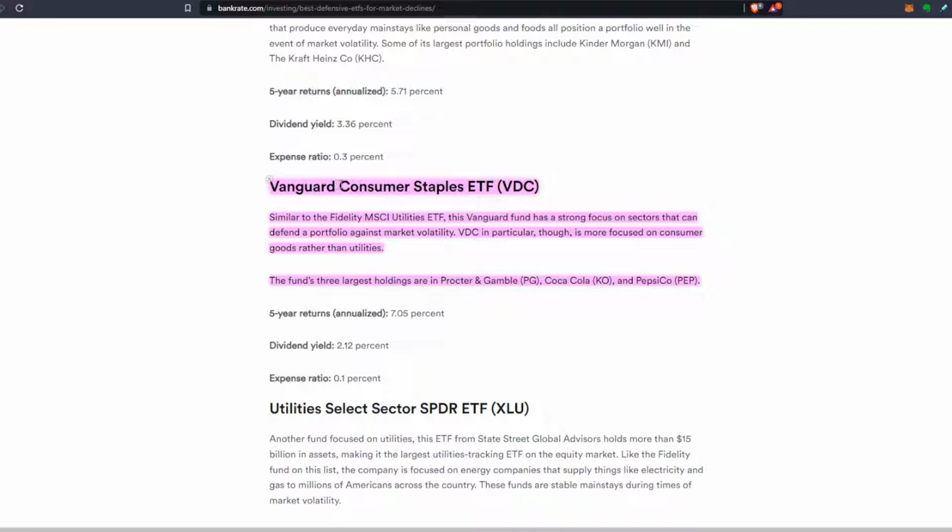So usually the companies in staples tend to do okay in terms of business performance. Their stocks might not do as well, so the ETF price might go down, but at the same time, the business tends to do okay. And that brings us good business performance that later can turn into the stock price going up.